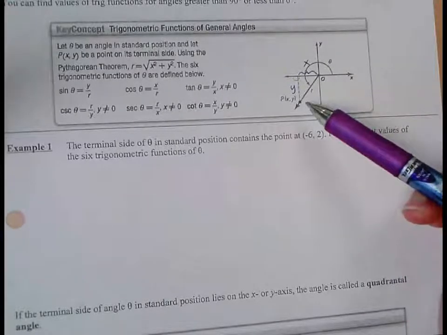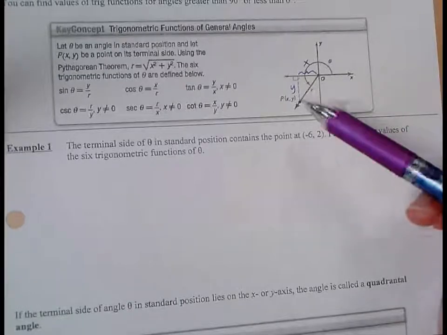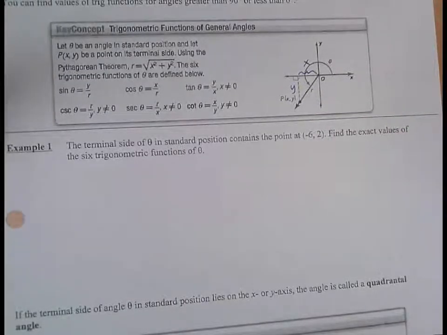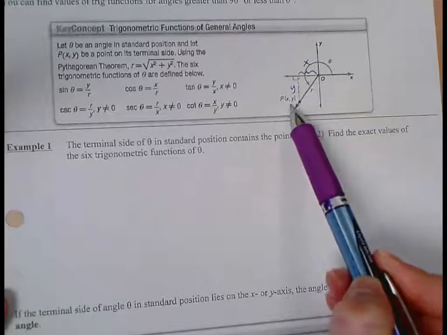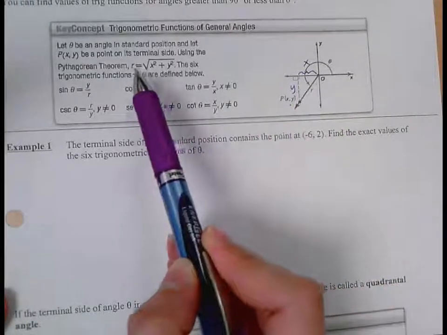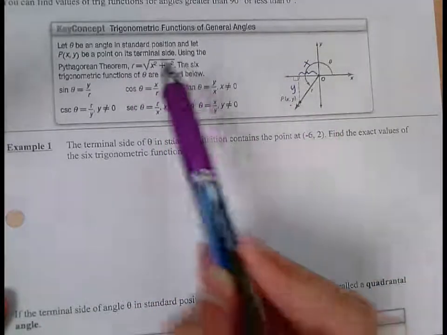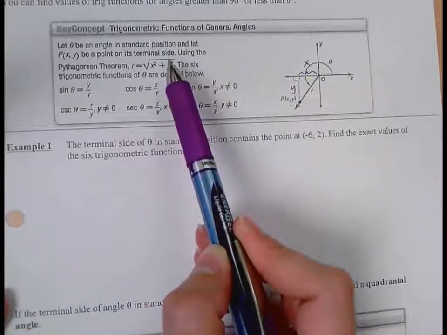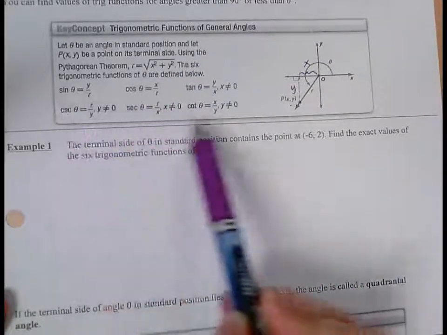Eventually this would be the radius if there was a circle that went around through that point. That's why they're using r, looking forward to what that r would actually mean. But you would already have your x and your y from your coordinates, so you would already know those two legs. You would then just need to use the Pythagorean theorem to find r, so that this is just the Pythagorean theorem rearranged using x, y, and r. And that's how they're getting these 6 trig functions.